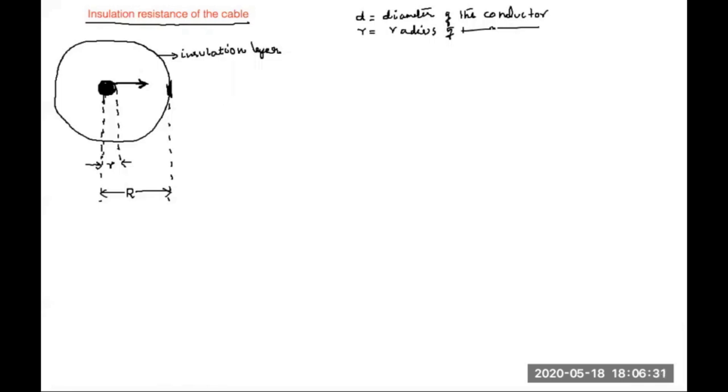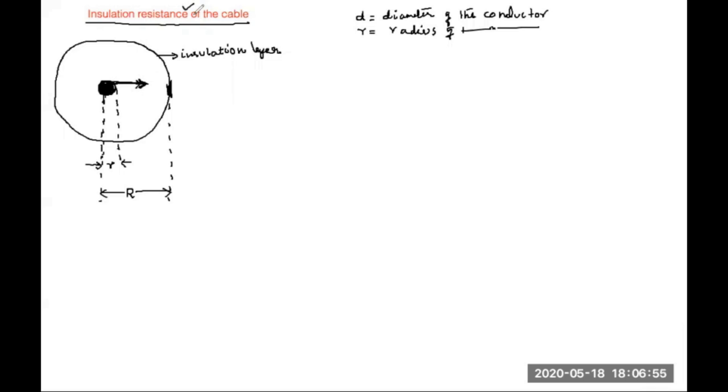It will change along its length. So the resistance offered, we have to find how much resistance is offered by this cable to the path of the leakage current. That I have to find. That is nothing but insulation resistance.